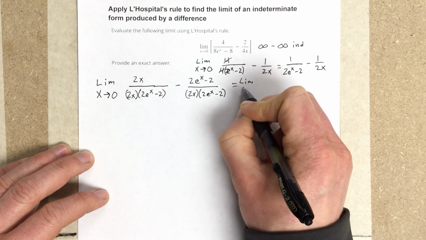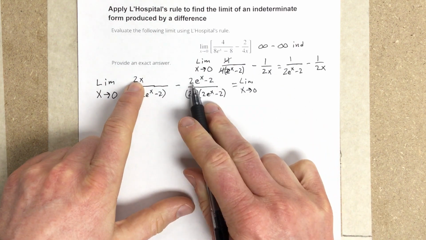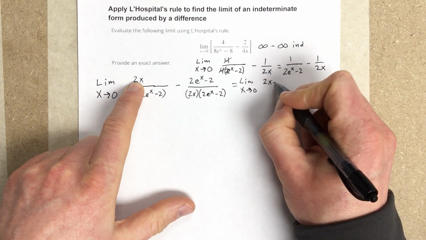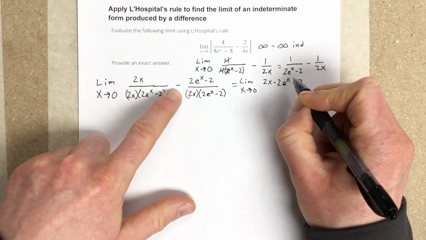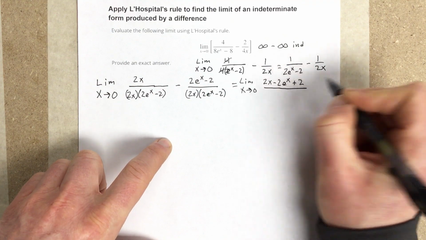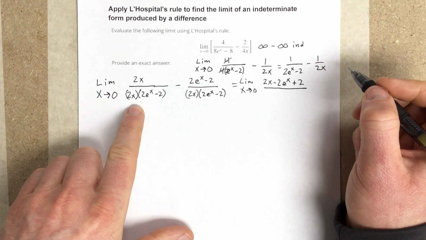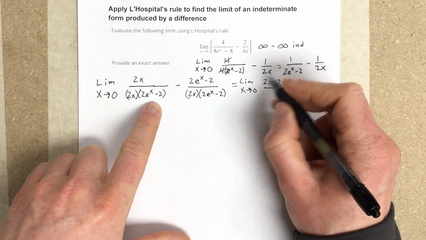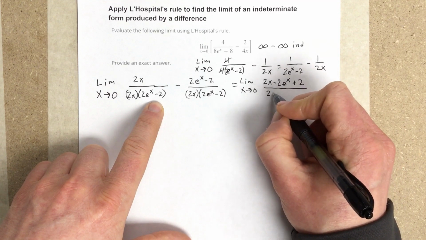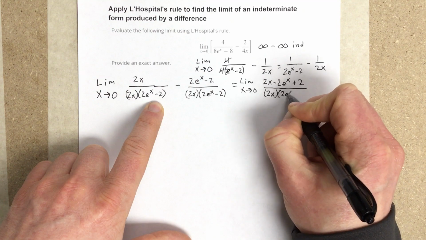Let's combine those together. When I combine those together, I end up with 2x minus 2e to the x plus 2, when I distribute that negative to each term, divided by, in the denominator, 2x times 2e to the x minus 2.